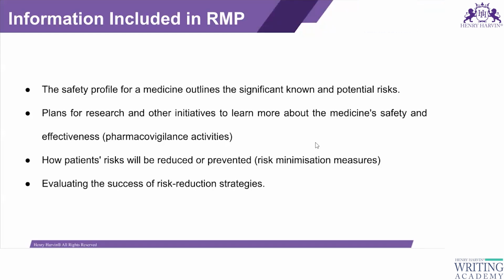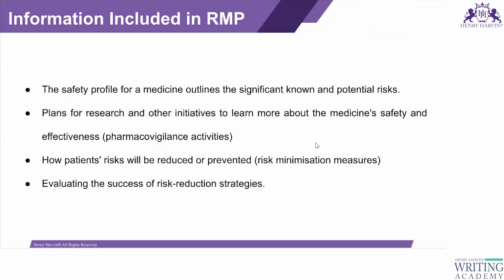Sorry, not predicted, anticipated adverse drug reactions is the right word. So information on all these adverse drug reactions should be provided in the RMP, by which the safety profile of a medicine can be built up further.